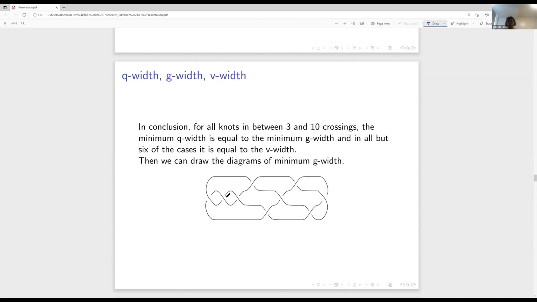But we do also have to watch out for those 6 exceptions, because here we have created a minimum virtual width permutation, which we can actually use to calculate knot invariants in almost the most efficient way possible. But in those 6 cases, we can't do that.